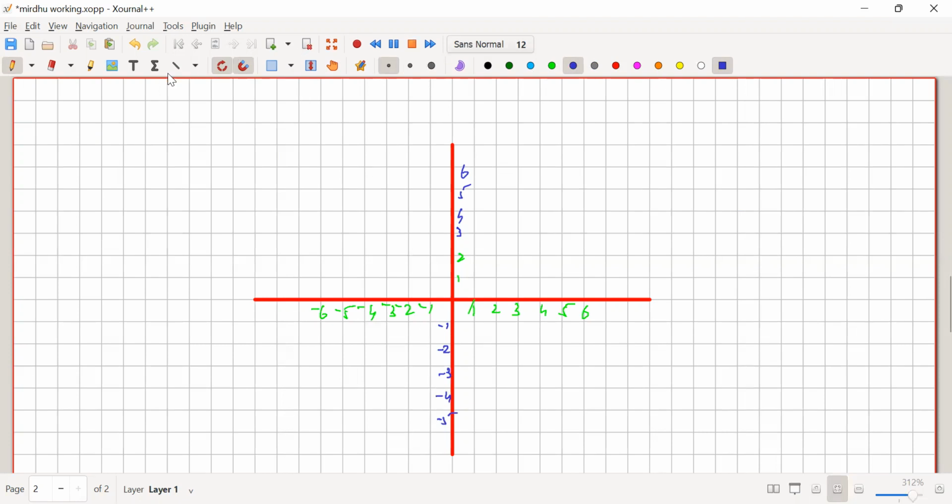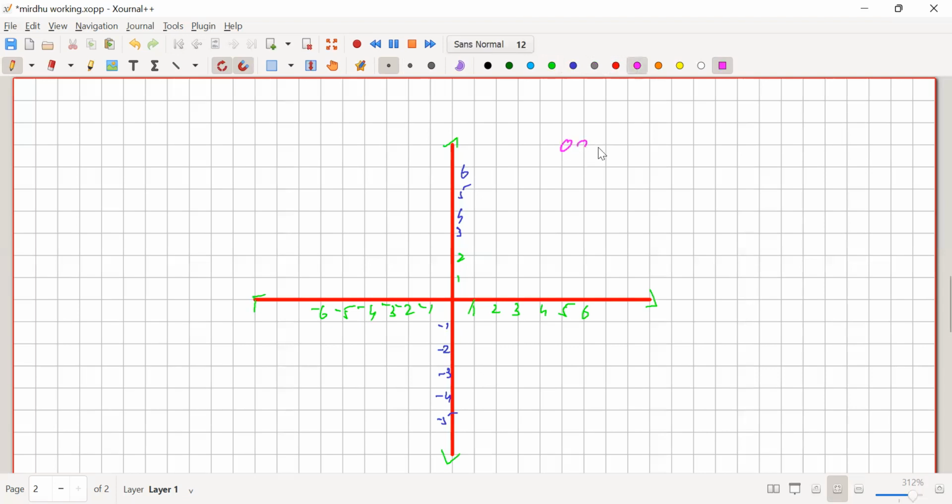Always we should have an arrow mark at both ends, because this is continuous, isn't it? X-axis, Y-axis. While you're working on a graph, whether they have given it or not, we have to write the scale.